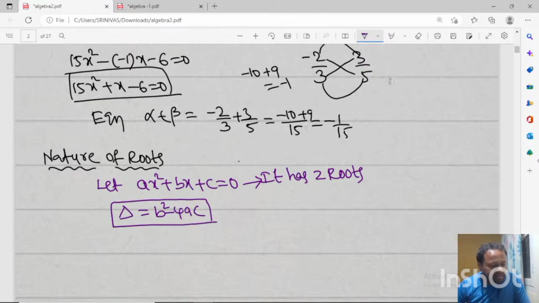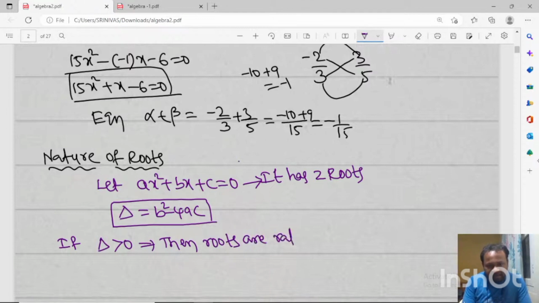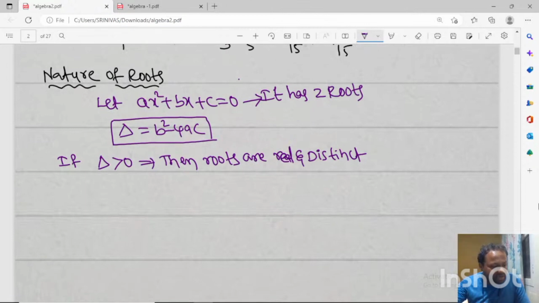In this discriminant, if delta is greater than 0, then the roots are real and distinct or different.